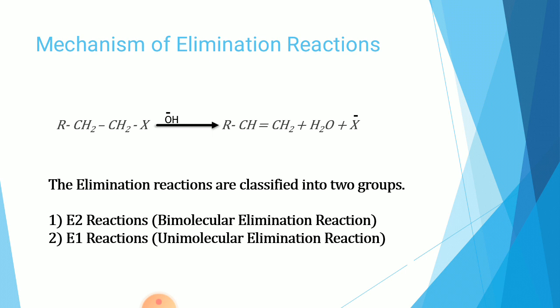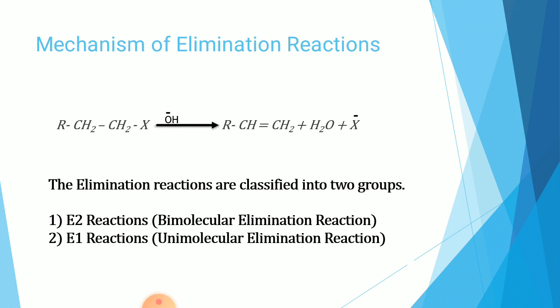So the resulting product will be RCH double bond CH2, plus the hydrogen that is removed from the carbon atom will be connected with OH minus. So it is ultimately forming a water molecule, and the halogen part will be removed in the form of an ion, that is halide ion. So this is the mechanism of this elimination reaction.